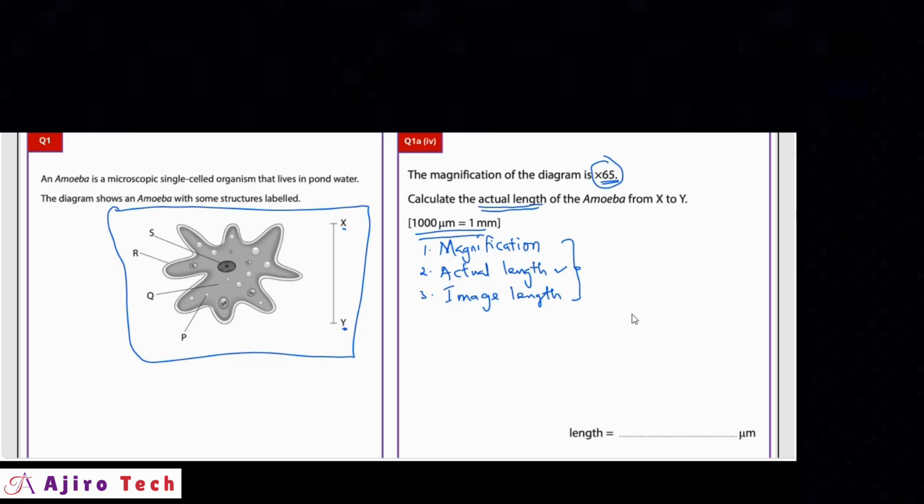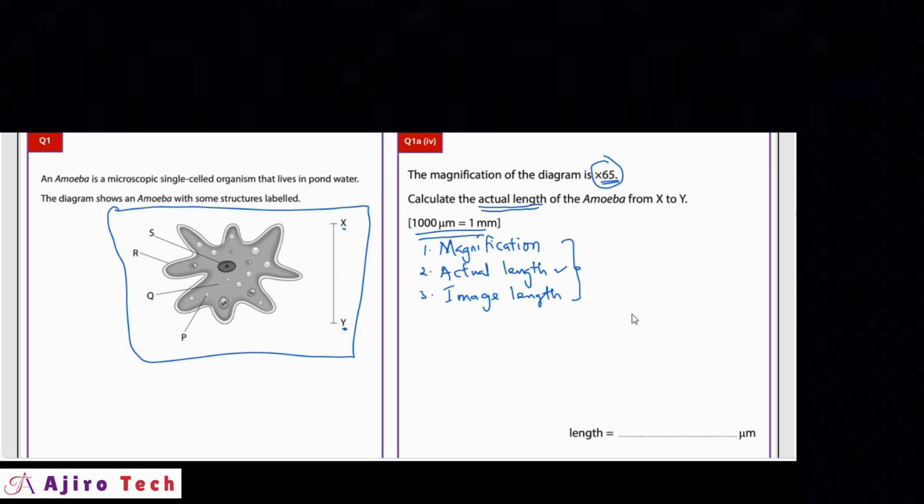Ordinarily, as a biology student, you should be able to know that 1,000 micrometer is equal to 1 millimeter. That is what this measurement is telling you.